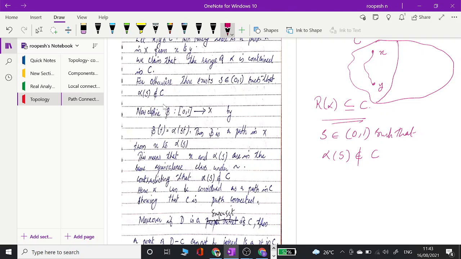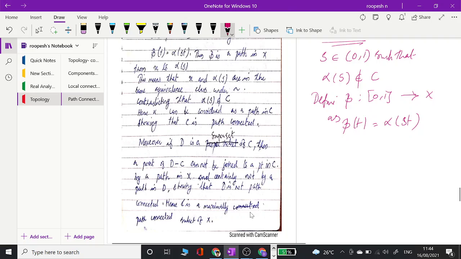Now define a beta from the closed interval [0,1] to X by beta of t equals alpha of st. Then beta is a path in X from beta of 0, which is alpha of 0, to beta of 1.